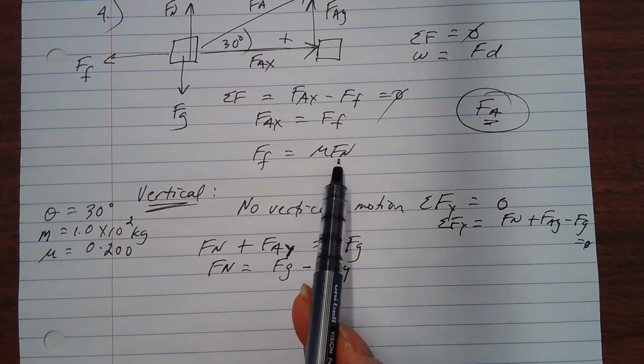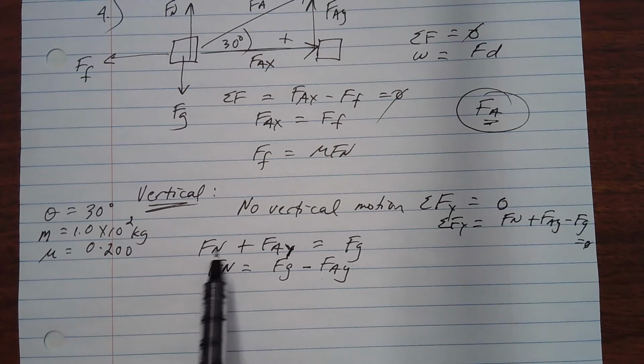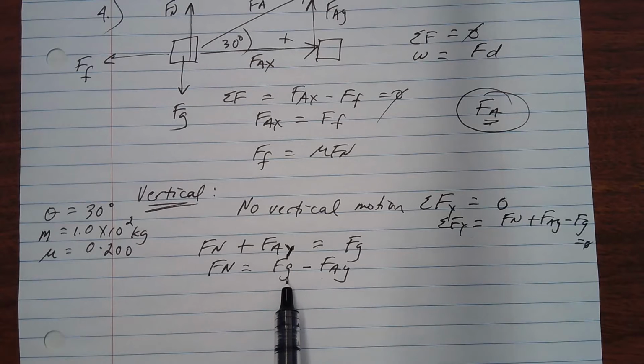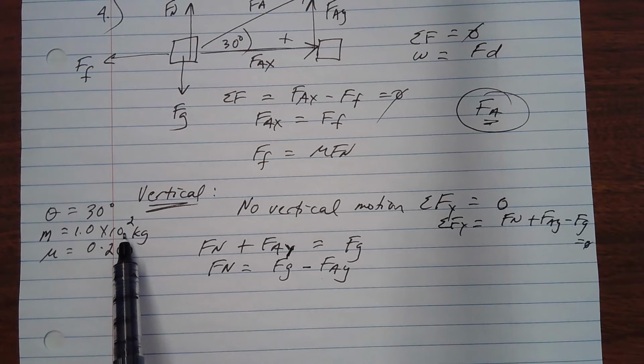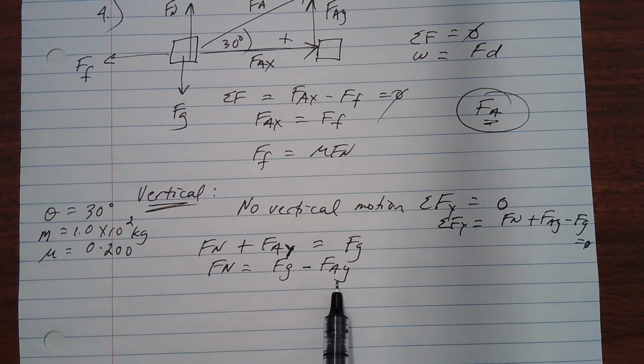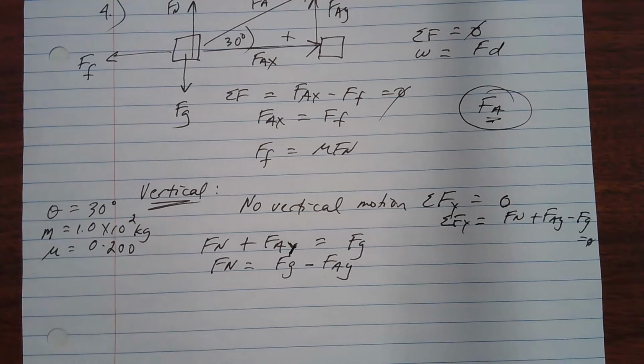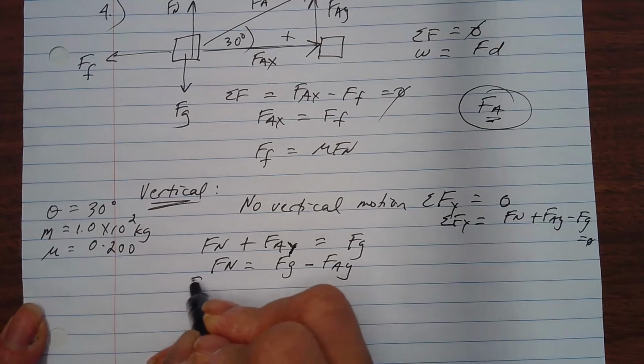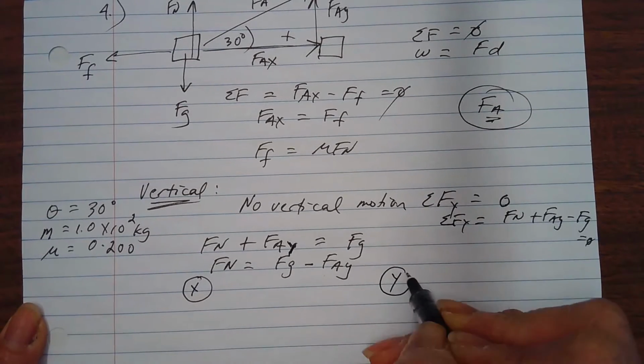Well, frictional force is mu Fn, right? But in order to find the Fn, we need Fg, which we have from the mass, m times g, but we don't have the applied force, right? So we're going to have to split this into x and y components again. Let's find something in common for this.